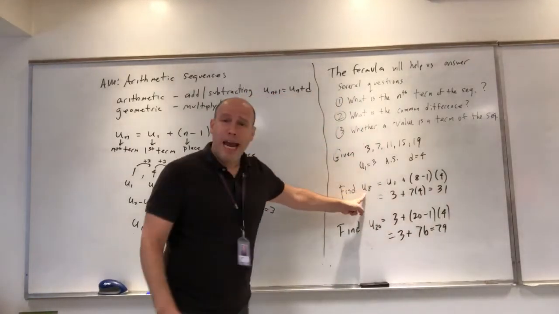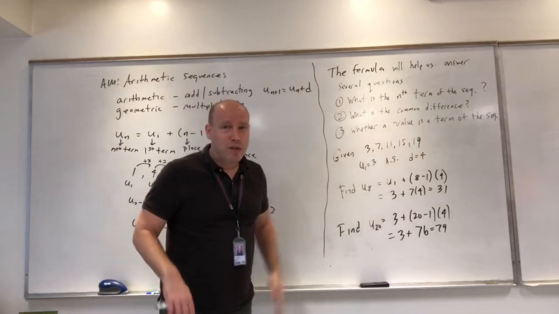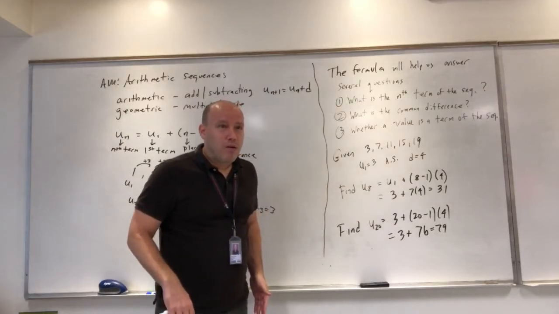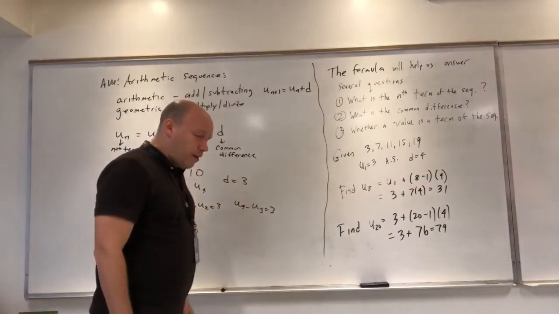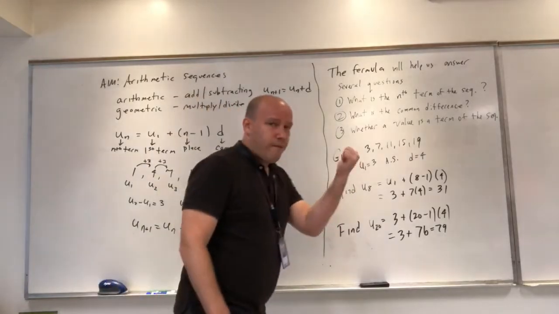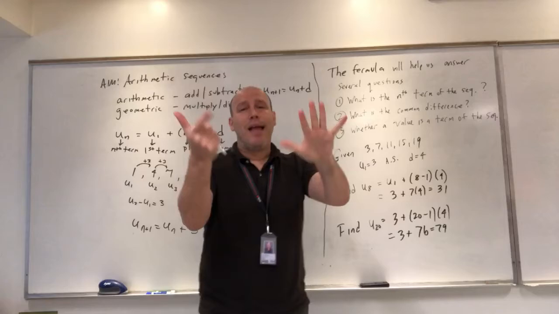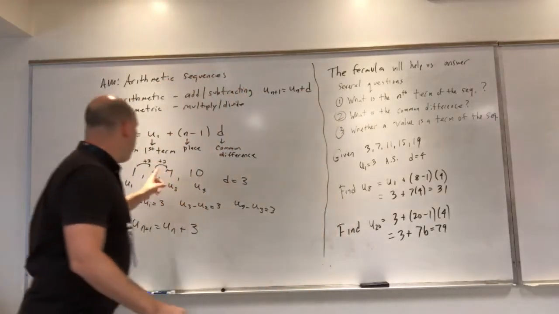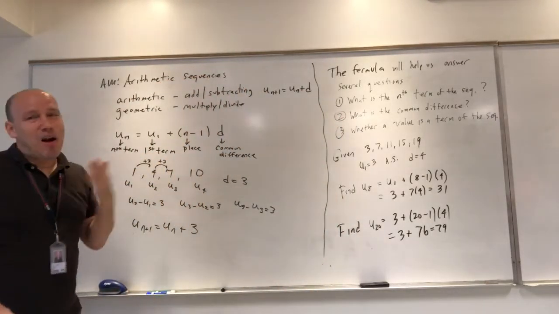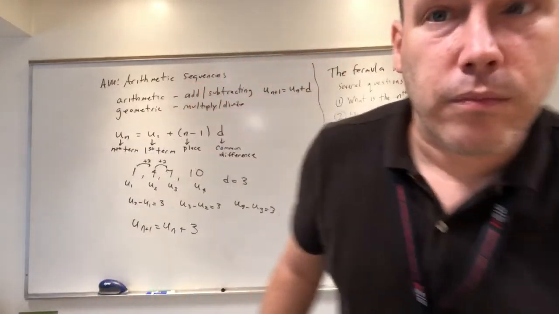I asked you to go to the 8th place, right? So I'm at position 1, 2, 3, 4, 5, 6, 7, 8. That's 7 jumps, or n minus 1 jumps. That's how I view it. Let's move on.